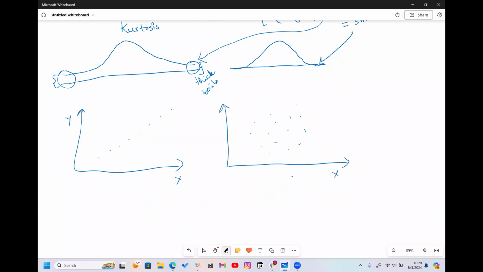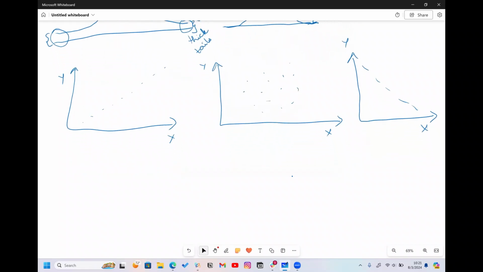This is x and y. And then there is another distribution, which is like this. So covariance tells you the correlation between the two random variables.